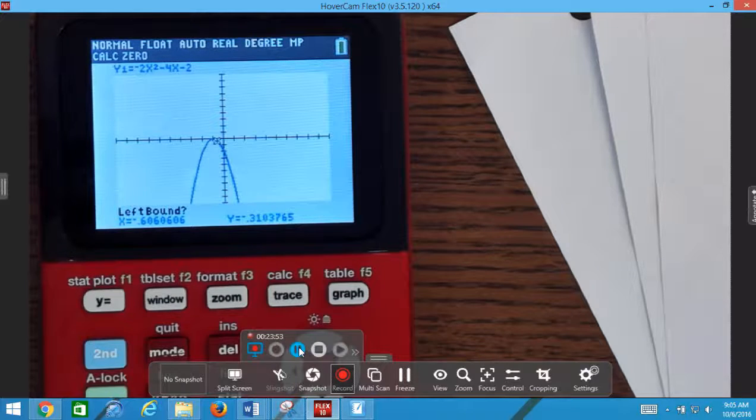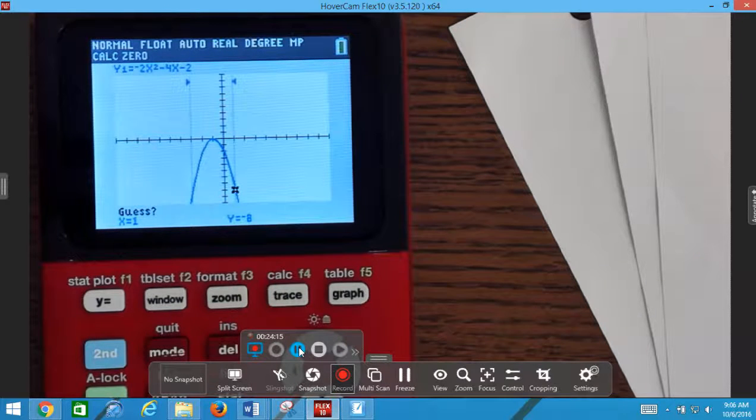Negative 3 would be to the left. You can actually type in negative 3 instead of arrowing for your left bound. So what would be a good right bound that is definitely not that? You go all the way to 4, sure, 0, 1, something like that. I might choose 1. You can go to 82 if you wanted. Yeah, I don't know.